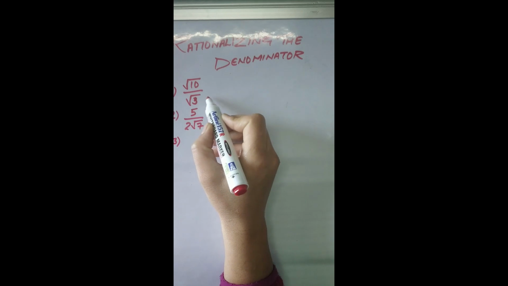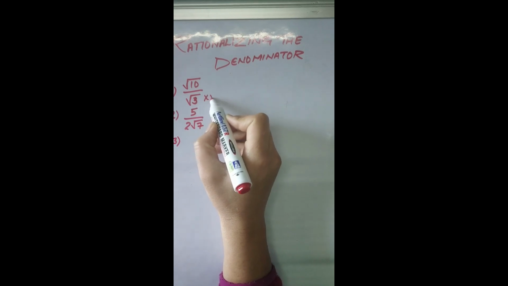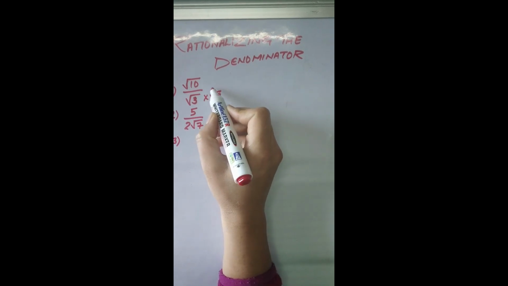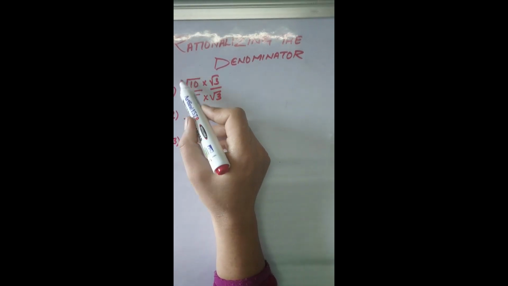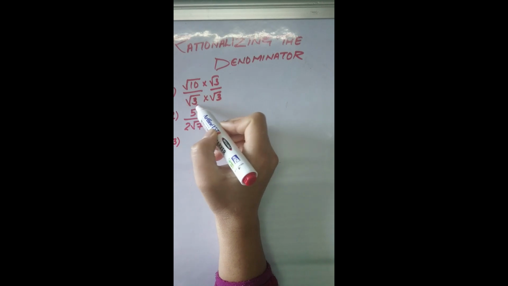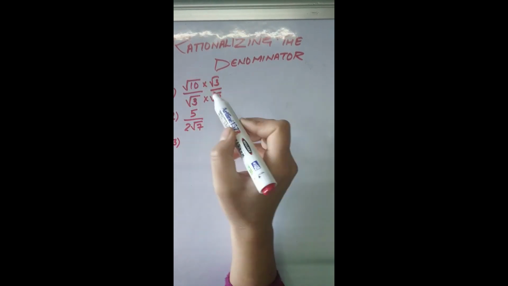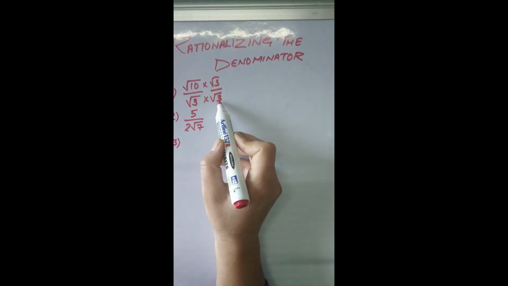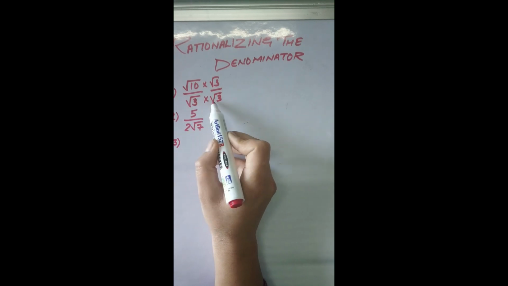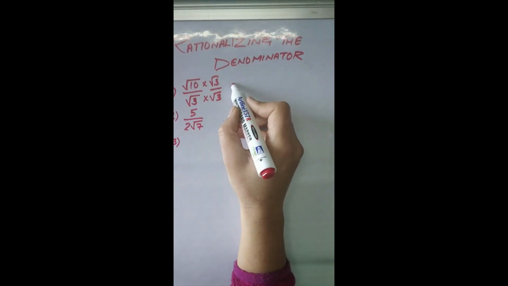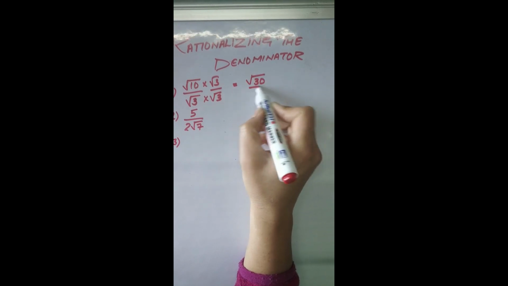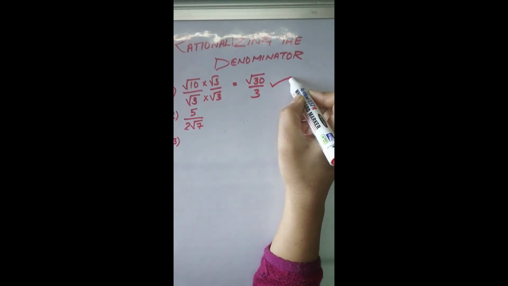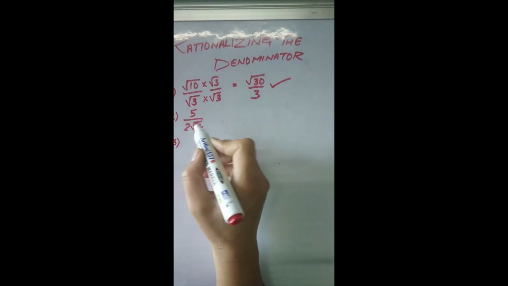So we have to multiply by root 3, but we also have to multiply the numerator by root 3, because otherwise we'll be changing this fraction. So root 3 is the rationalizing factor for root 3. That's why we multiplied numerator and denominator both. And here we got root 30 over 3. This is the simplified form as we can locate it on the number line.